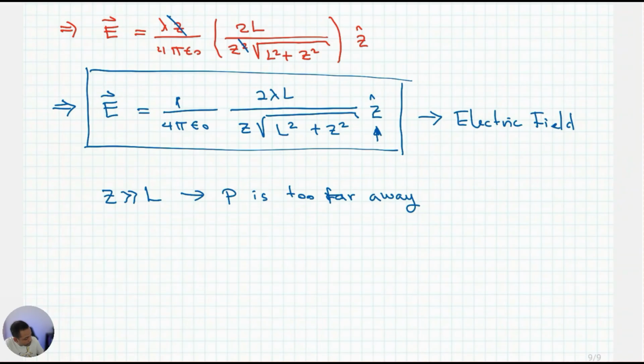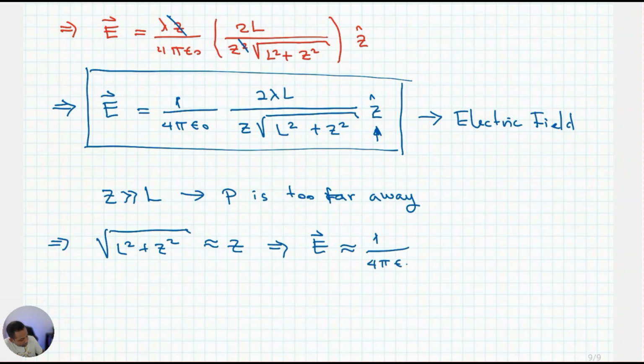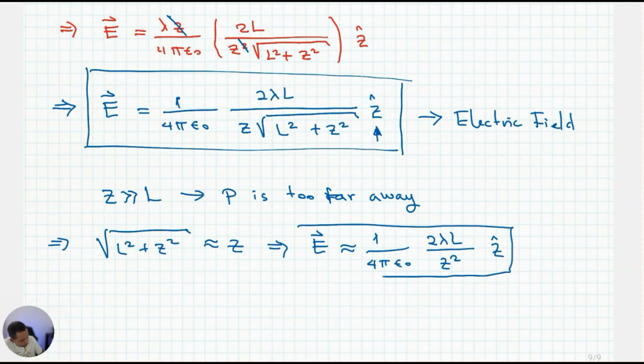When that happens, we will have that root square of L squared plus z squared is approximately equal to z, right? So then the field becomes E approximately equal to 1 dividing 4 pi epsilon 0 times lambda L dividing z squared. Okay? And that would be the electric field when z is much higher than L.